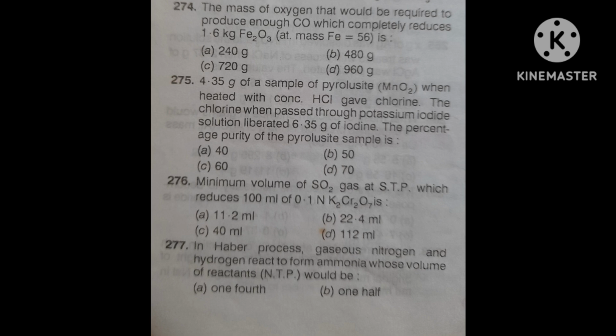First you find that 0.49 gram K2Cr2O7 is present in 100 ml of 0.1 N K2Cr2O7. Then, since 294 gives 3 into 22,400 ml SO2, for 0.49 the answer is 112 ml.